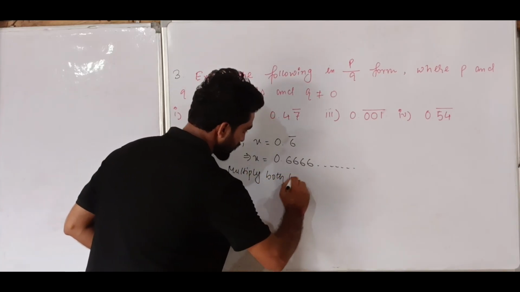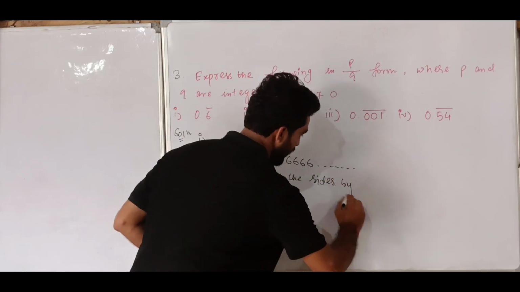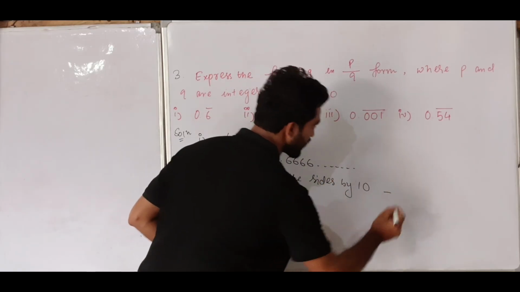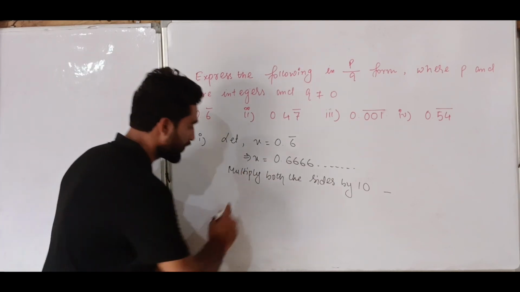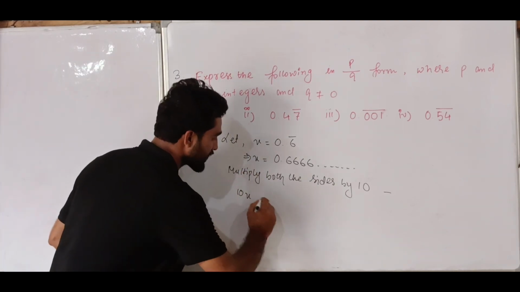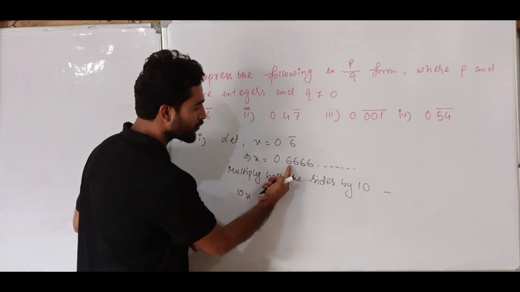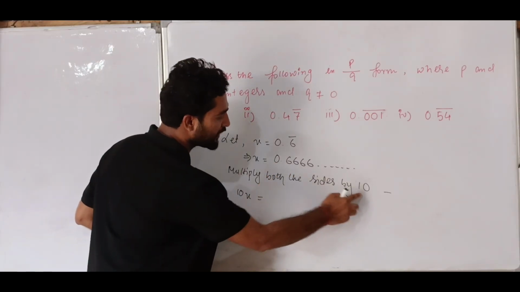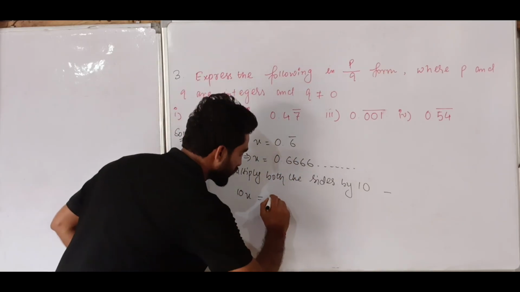If you multiply the left hand side with 10, we will get 10x, and if you multiply the right hand side, then what will we get? This one digit only. Since we multiply with 10, one digit will come before the decimal point.